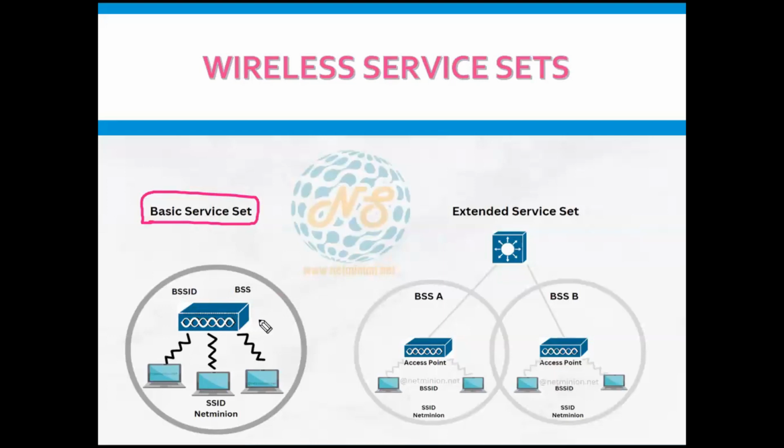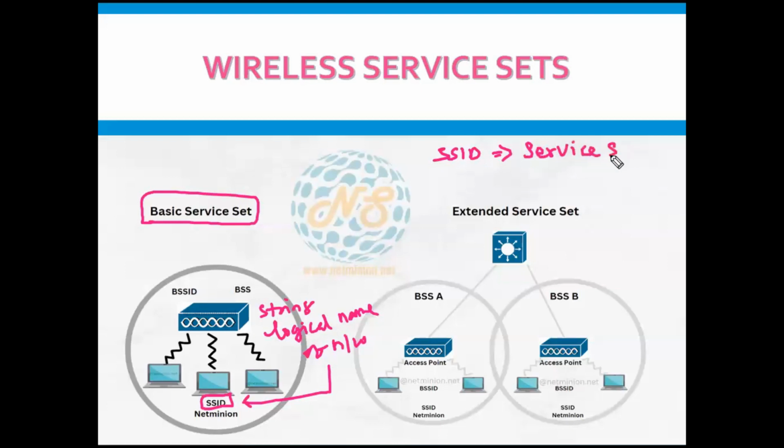And every BSS has a string, or you can say logical name, of the network, which is named SSID. ID stands for identifier. SS, service set. So BSS service set identifier.